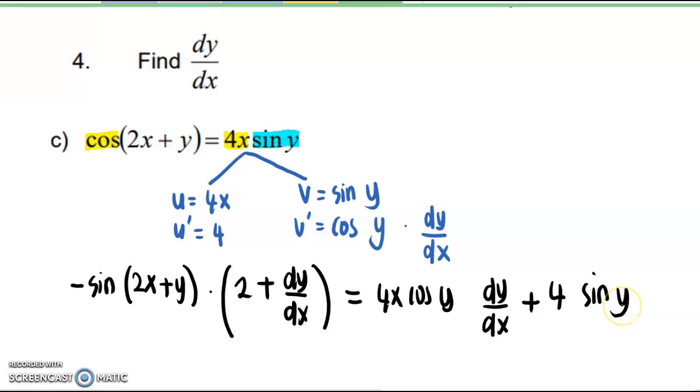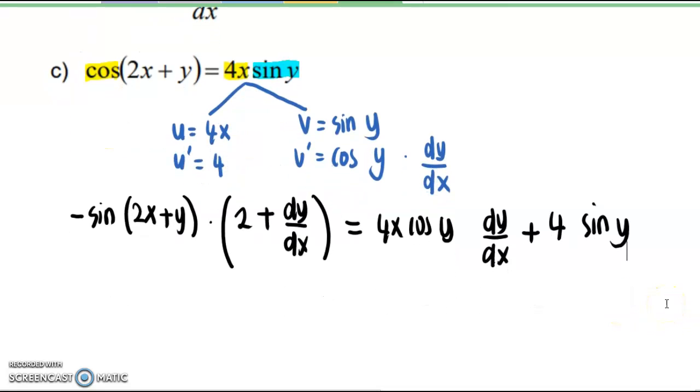Okay, so dah differentiate. Next step, we are going to make dy dx at the left hand side only. Okay. Tengok dy dx kita yang ini dalam bracket, so we have to expand first.